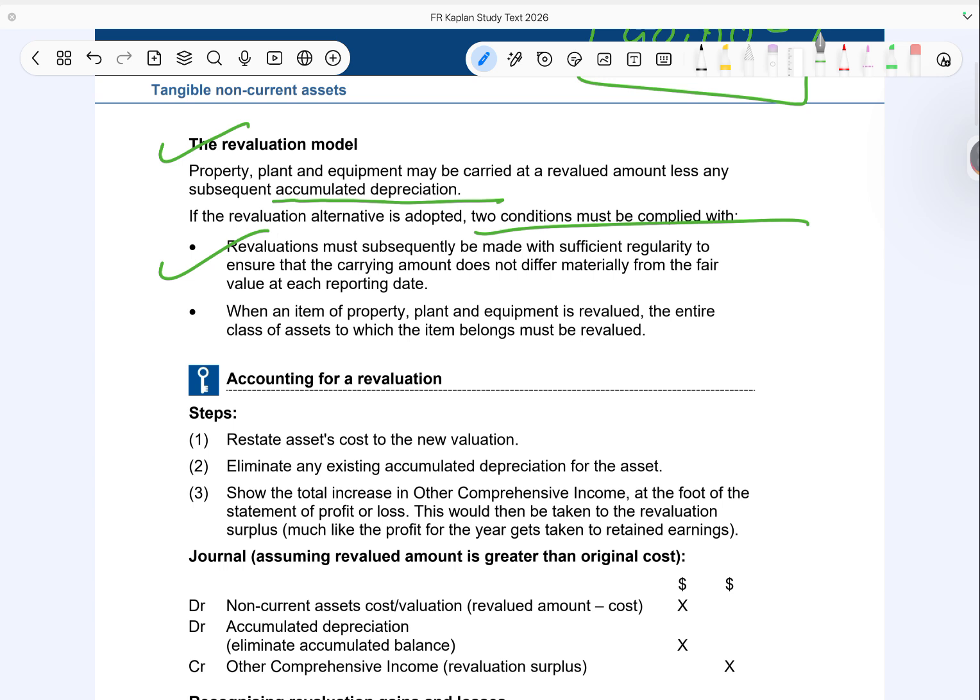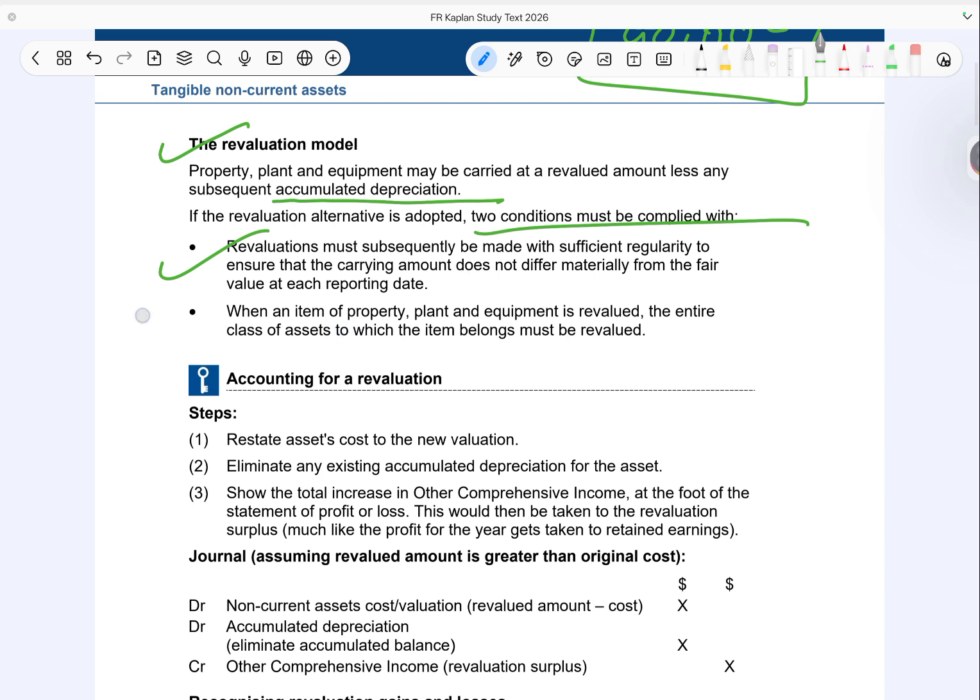No, it wouldn't be 1 lakh, it doesn't rise that quickly. Maybe from 50,000 it became maybe 60,000 or 70,000. So you need to reflect that in your financial statements also. So yeah, the revaluation of the assets should be made regularly.